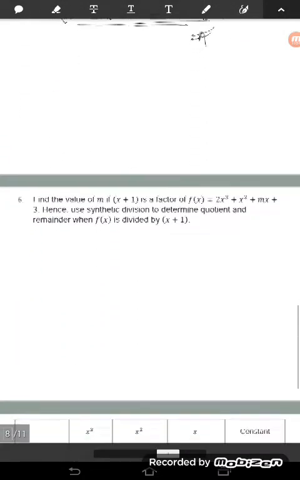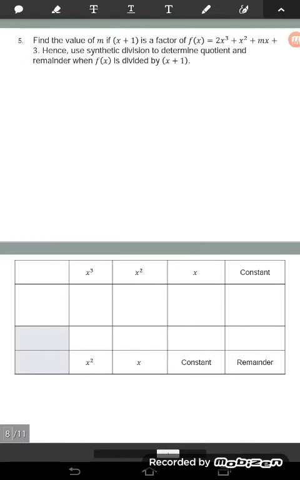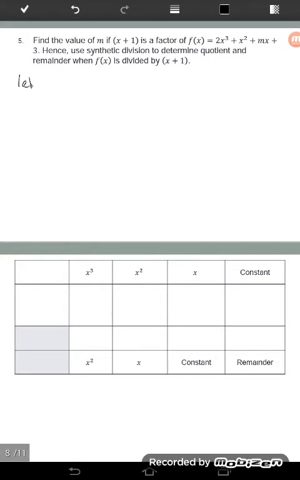Okay, next, find the value of m if x plus 1 is a factor of f(x) equal to this one, and hence using synthetic division determine the quotient and remainder when f(x) is divided by x plus 1. Okay, so first let x plus 1 equal to 0, so x equals negative 1.